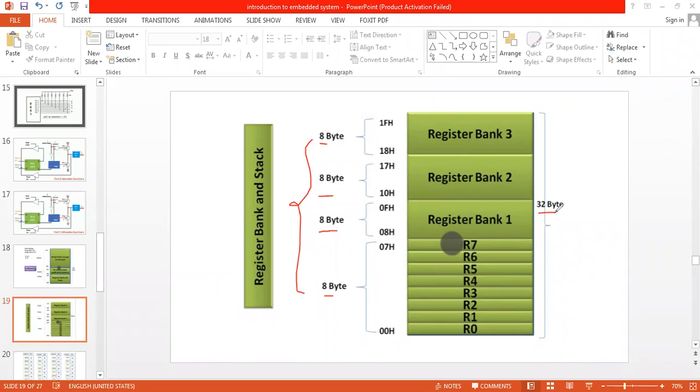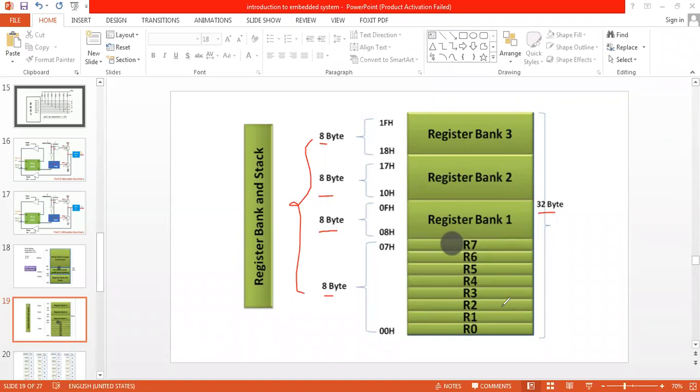It means a register bank is nothing but a group of registers. We know what a register is. In the previous digital system design, we came across a register, correct? What is a register? A register is a group of flip-flops, correct? A D flip-flop or any other flip-flop which is capable of storing information. A register is capable of storing information.